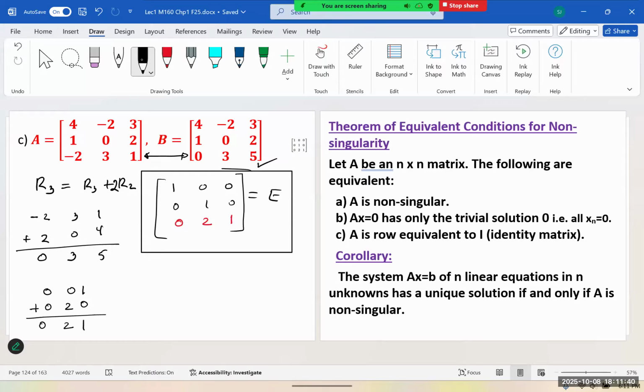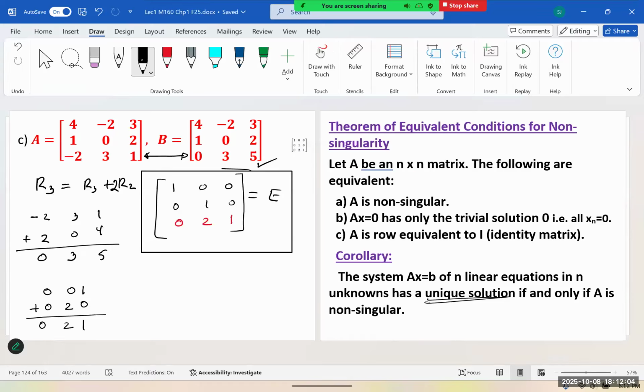A little corollary about this theorem is that a system AX equals B of n linear equations in n unknowns, meaning A is a square matrix, has a unique solution if and only if A is non-singular. What does that mean?